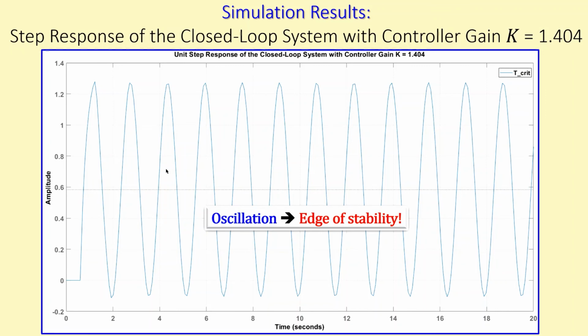So we have looked at different ways to confirm our calculations: the Bode plot, the Nyquist plot, and the time response to the unit step. We have concluded that the controller value K of 1.404 is the maximum value that you can have in this system.